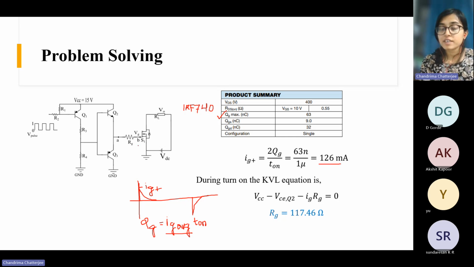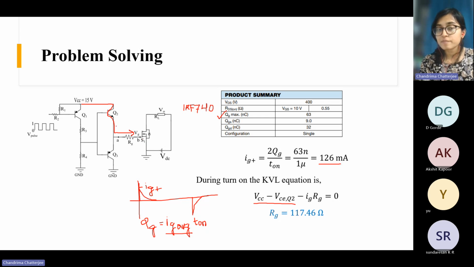Now if you apply KVL in this loop, from VCC, if you trace the path through Q2, the current is going. Just at the moment when you are turning this on, when you are giving the gate pulse, at that time the KVL will be VCC minus VCE sat of Q2 minus Ig RG equal to 0, because at that time the capacitor is not charged.